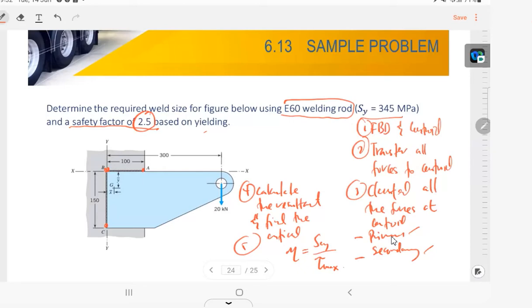Actually you will leave T out. All the equations you have do not have T because T is not given. Okay, T is not given.